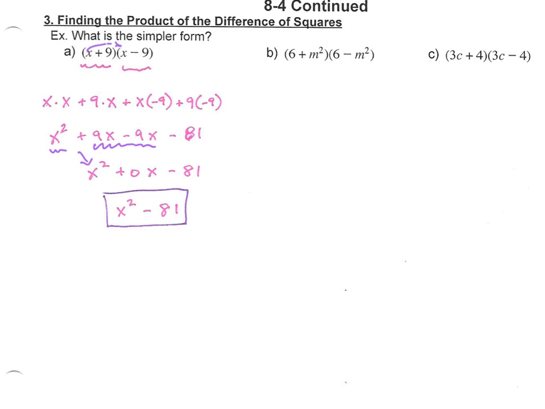So using that, I see here that I have the difference of squares. I have 6 plus m squared times 6 minus m squared. And we can multiply it all out.